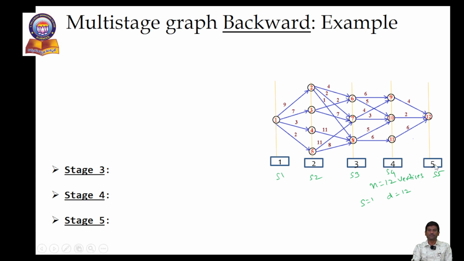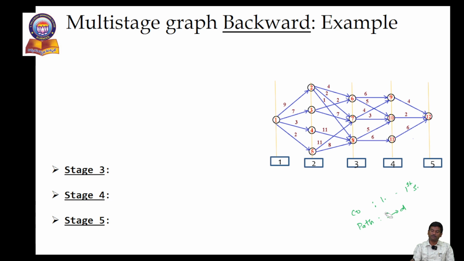These are the initial values that have to be known for the multi-stage graph problem. If you recall the forward approach, you should find the cost as well as the path. The cost in the forward approach is from the last stage to the first stage, whereas the path is from the source to the destination.